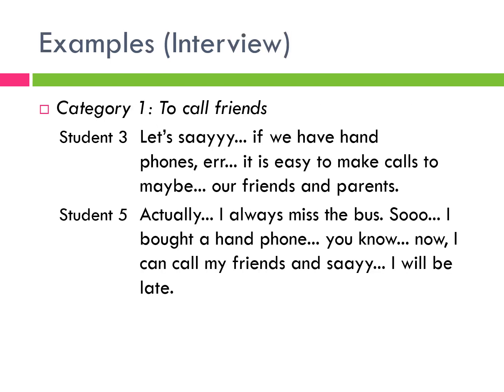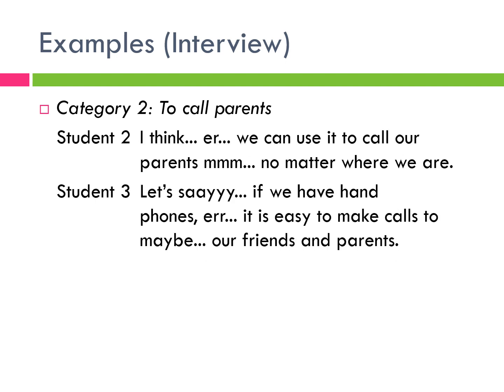Let's say, for example, you have the interview. So you have now category 1, to call friends, 2 respondents, student 3 and student 5. Category 2, to call parents, from student 2 and student 3.